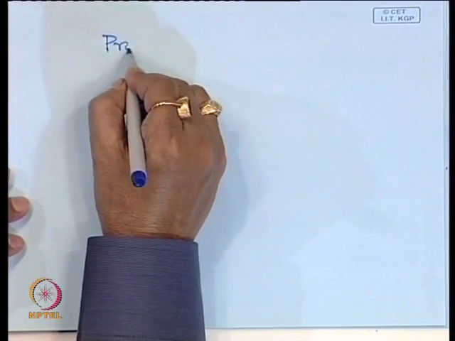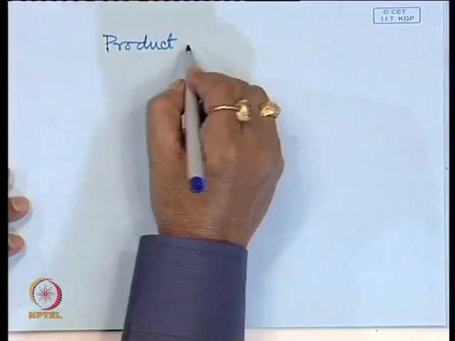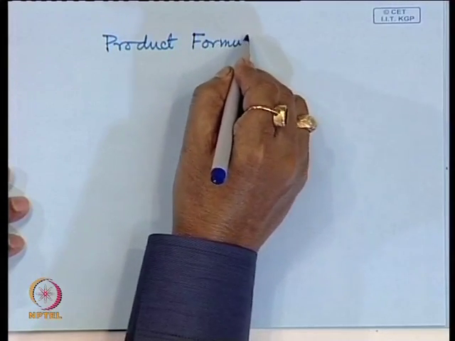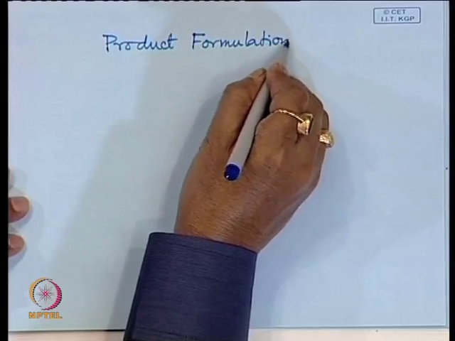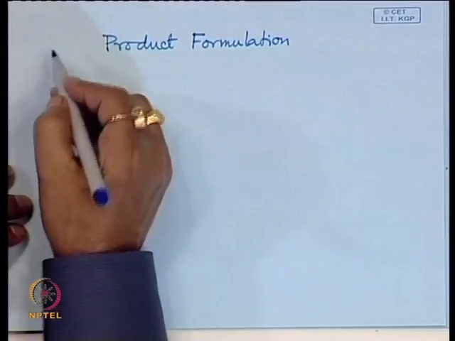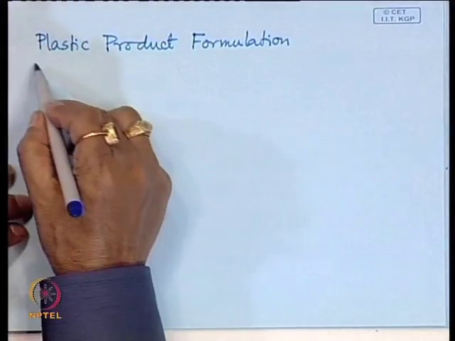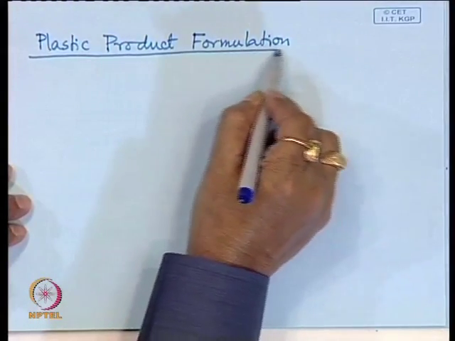So, we are going to make a product formulation, say a plastic product formulation. First, we have to make a formulation, a recipe.